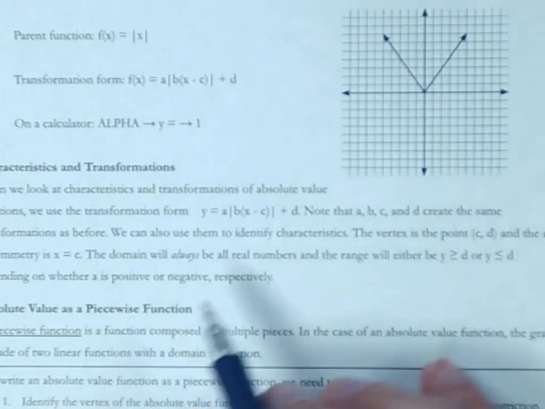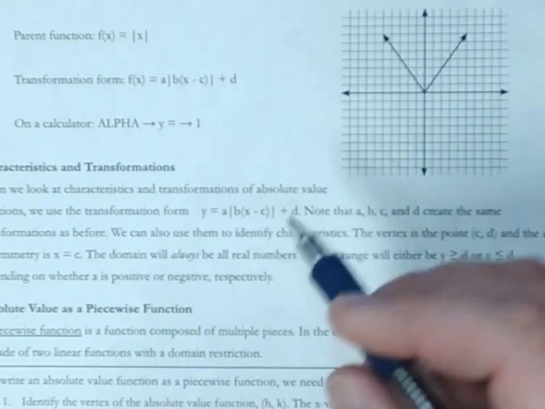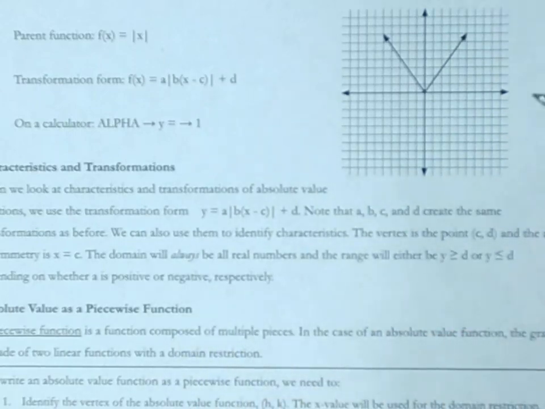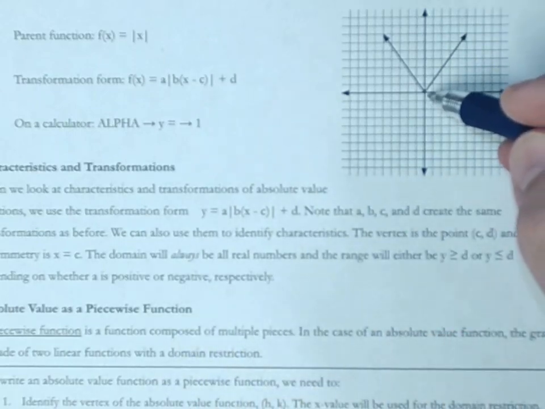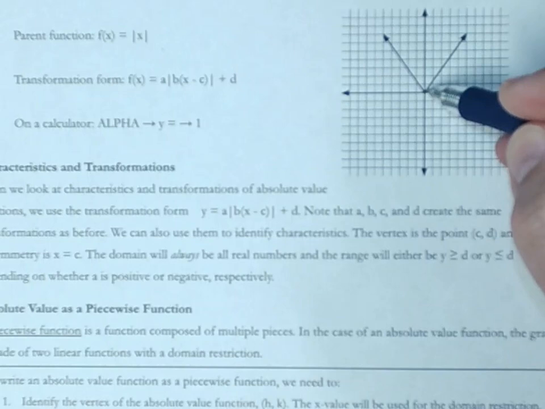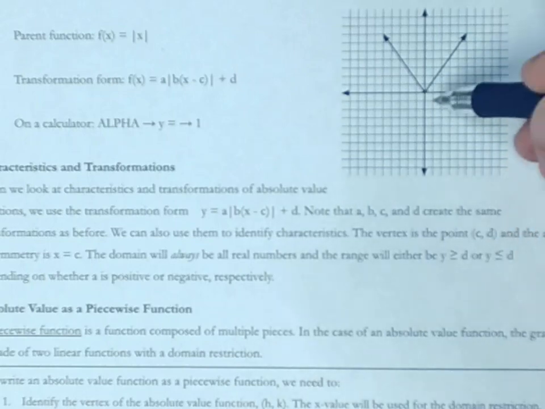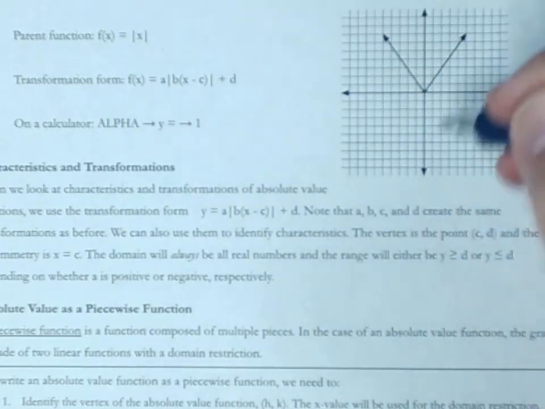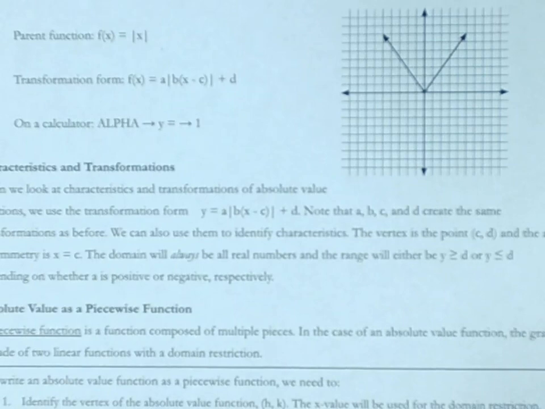But we'll get to that in a second. Speaking of which, the domain for this is always all real numbers. And the range will either be y is greater than or equal to the y value of the vertex, which is d, or y is less than or equal to d, depending on whether it opens up or it opens down.